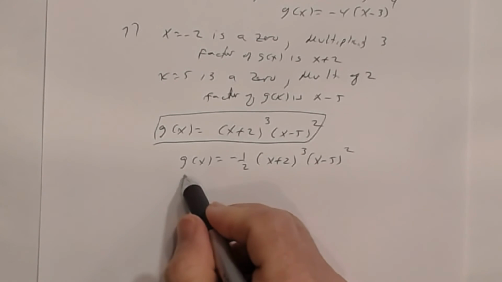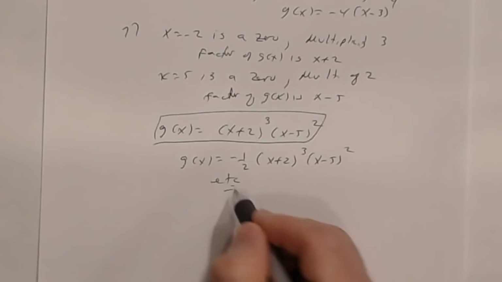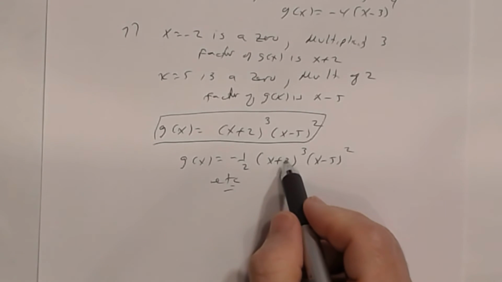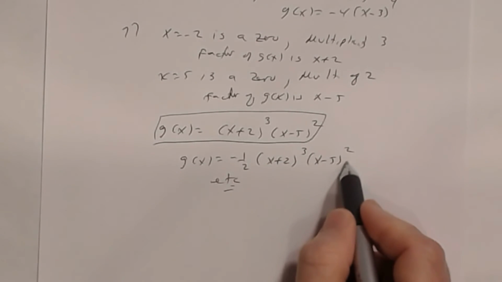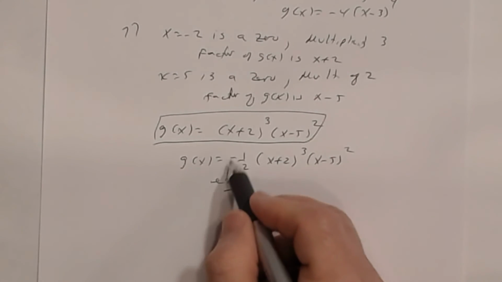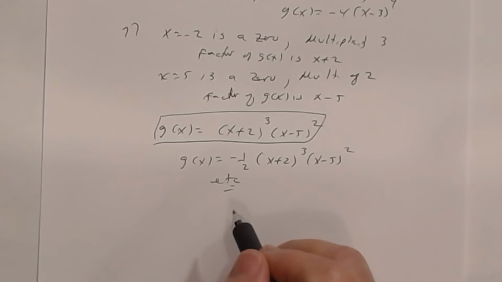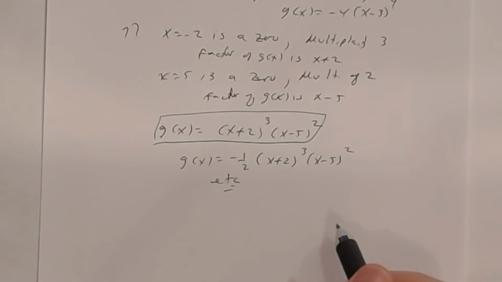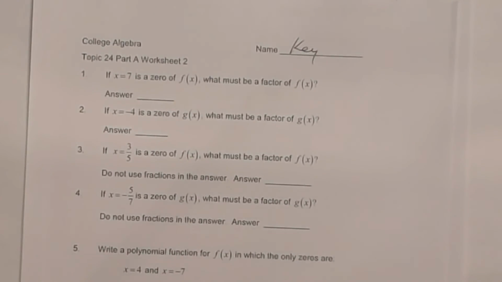So there are an infinite number of answers you can give, and you can use any other real number for your other factor. Okay, all right, so that is the key to topic 24, part A, worksheet 2.